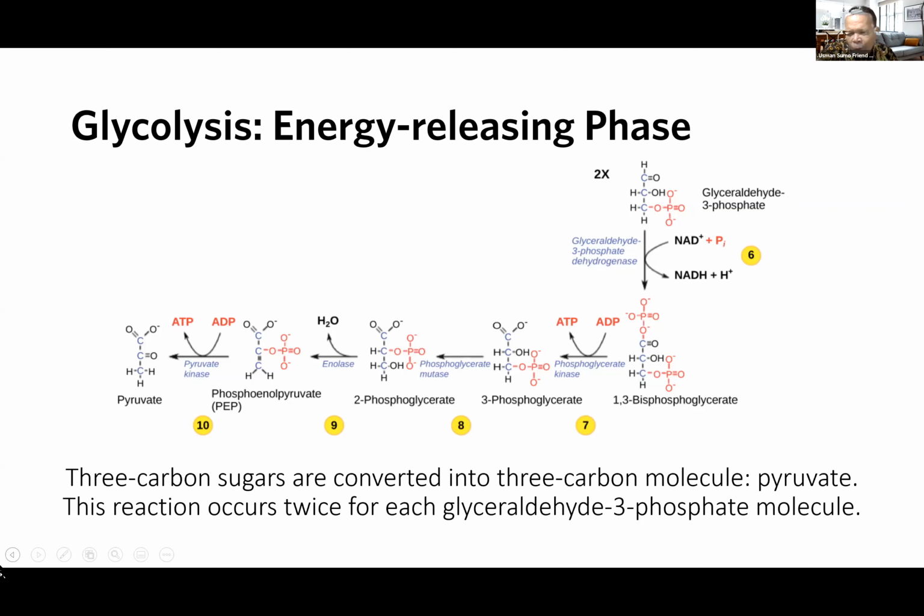The first one you get NADH. This is abundant in energy. Then this one will produce also ATP, and this one also will produce one ATP.